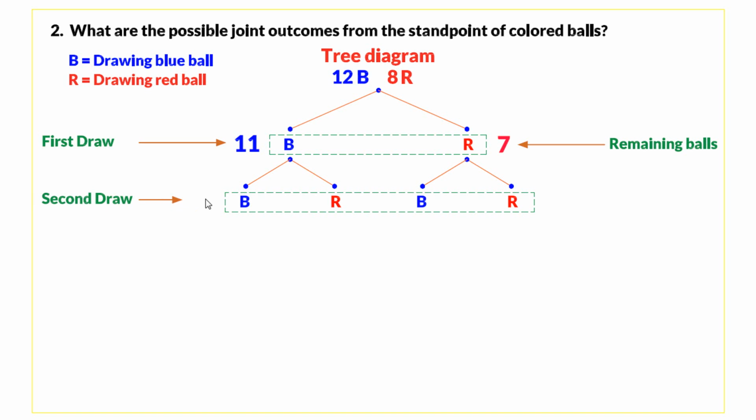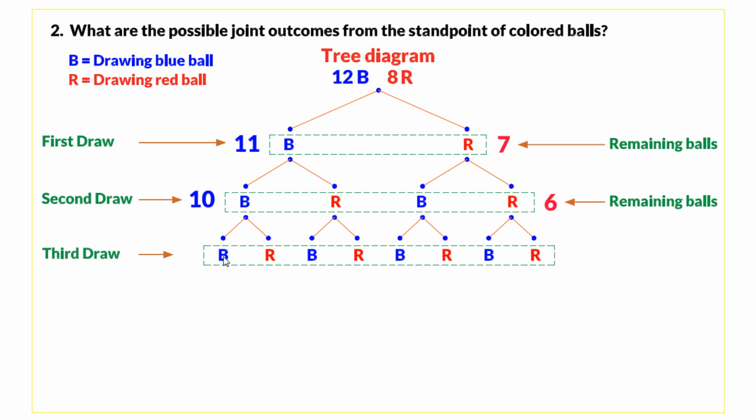For the second draw we may also have blue or red, and the reason why we have here 11 blue and 7 red, and now the remaining balls are 10 blue and 6 red. So again we may withdraw blue or red because we have 10 blue remaining and 6 red remaining here, and for the third draw the remaining will be 9 blue and 5 red.